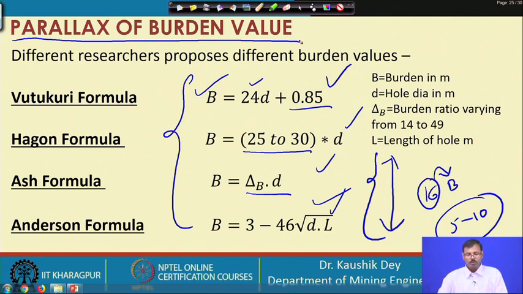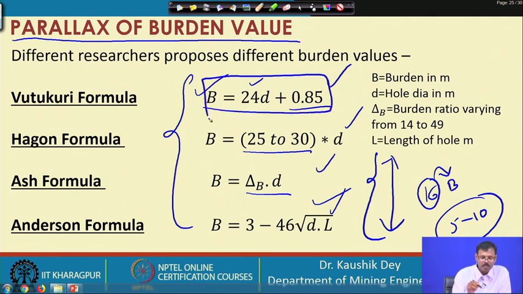So, that is basically creating a parallax about the burden value, and that creates problems for the user. So, it is always suggested one must go through the original literature where these values are given, as these are mostly empirical relationships established based on some case studies.